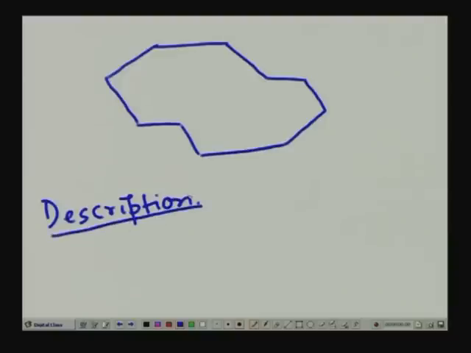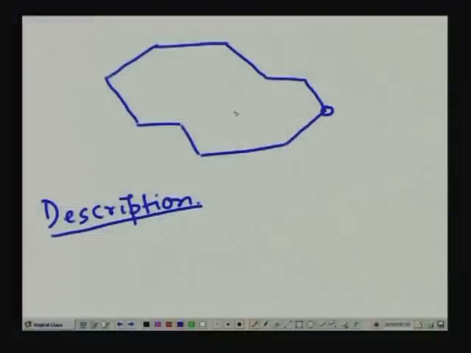So, I have to find out a description of this polygon. Now, there is a technique where to find out this descriptor, people have gone for an autoregressive model. So, in case of autoregressive model, what is done is, suppose I consider any of the vertices in this polygon. So, I consider this particular vertex.